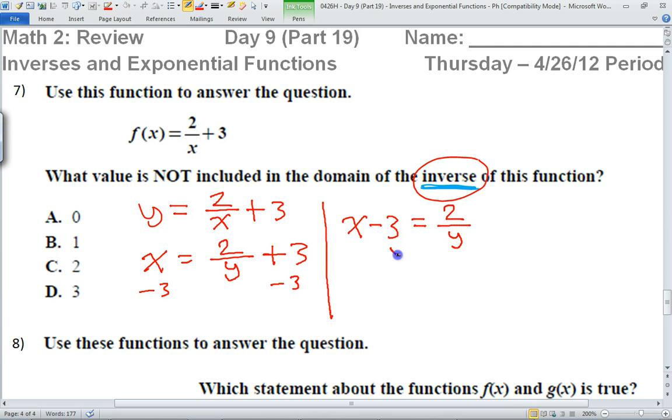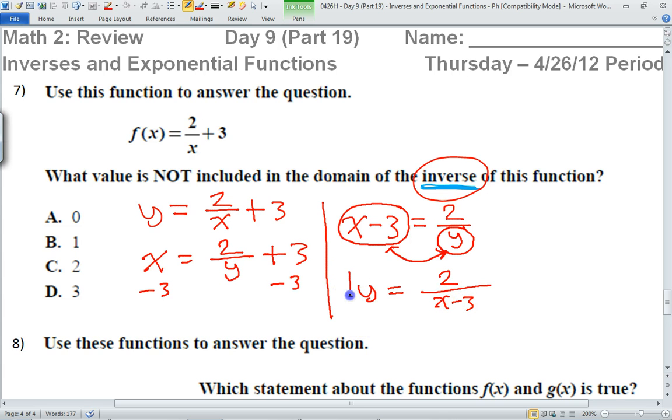I'm really hoping somebody said, yeah, we can reverse these. We can take the x minus 3 and we can take the y, and we're allowed to switch places, the denominator with whatever's out here by itself. So this equation would become y equals 2 over x minus 3.